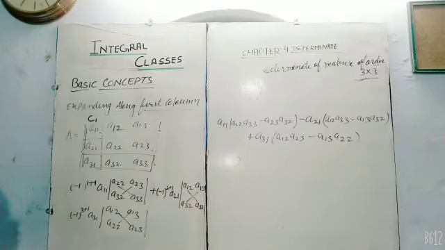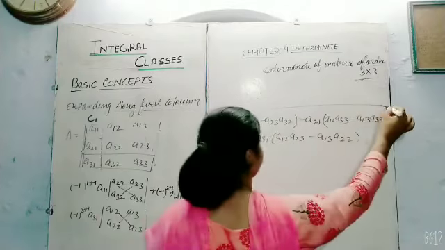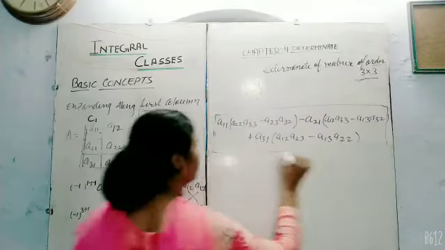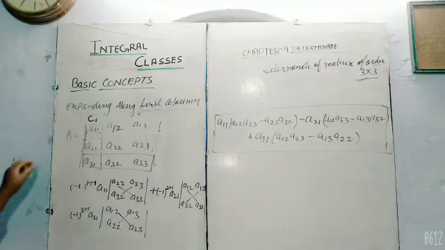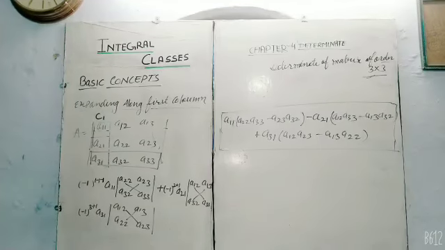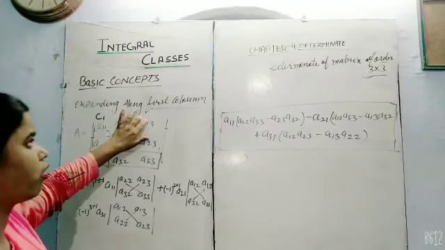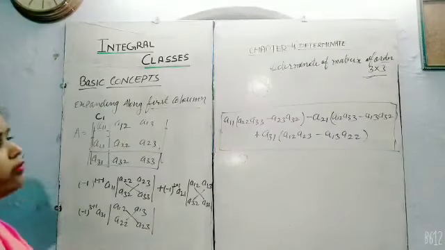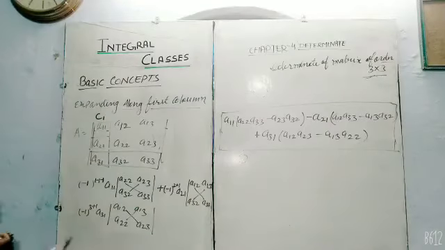So these are the solution if we expand any determinant along the first row. Students, as we observe here, if we expand any matrix along the first row or first column, then we get the same answer.